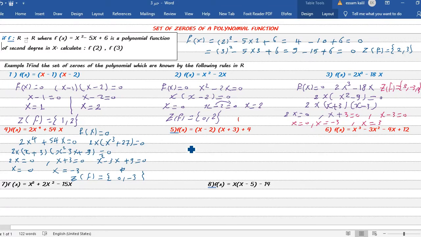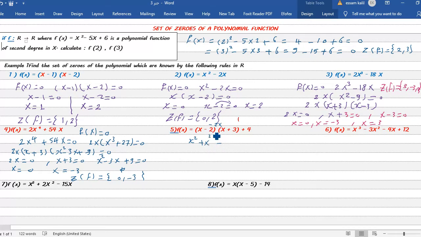Make the simplest form. x times x, so it becomes x power 2. The middle term: 2x, so negative 2x, and 3 times x becomes 3x. So the middle term equals plus negative 2x plus 3x, so it becomes x.